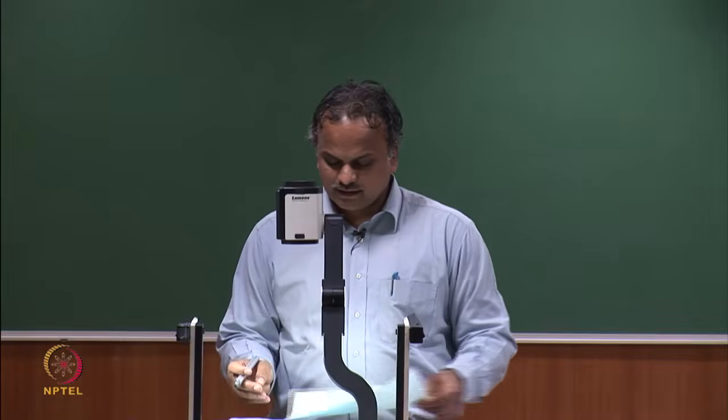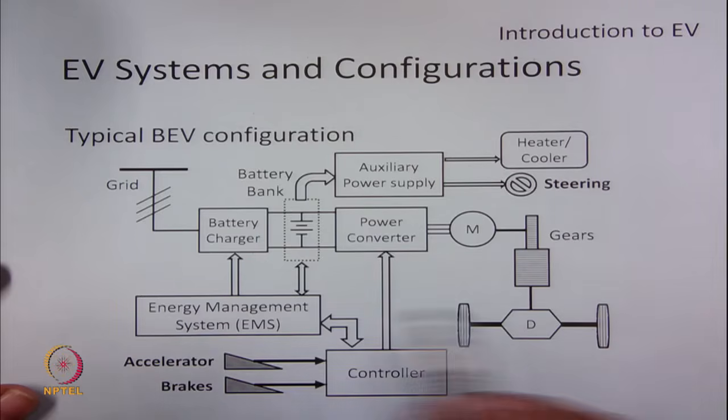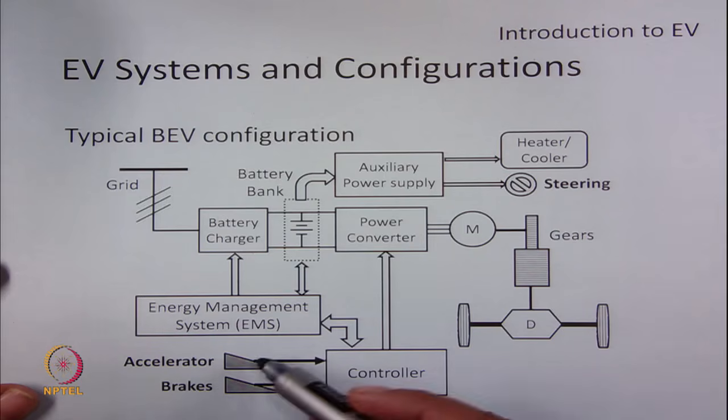So, let us see the typical block diagram of a battery electric vehicle and the associated subsystems we have just seen. The input to the BEV generally comes from the driver in terms of accelerator command or braking command.